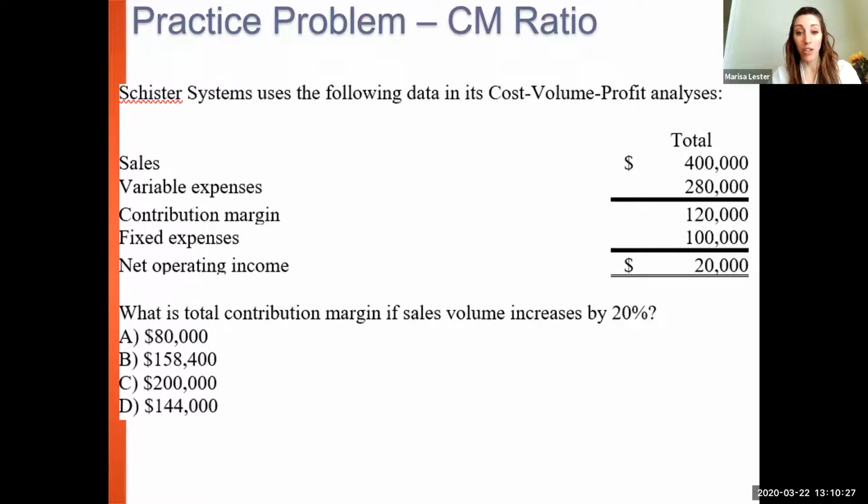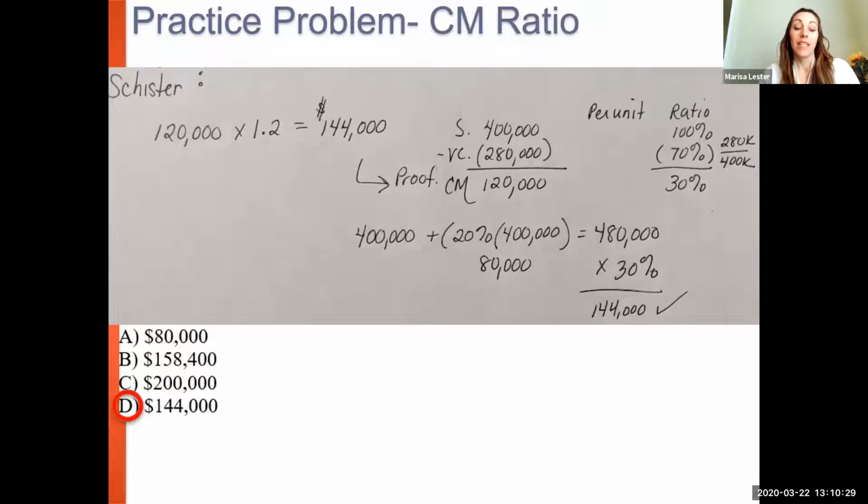But what I can do is use ratios. So when you see a contribution margin income statement, you usually see the totals, right? Total sales revenue minus variable expenses gives you contribution margin, minus fixed expenses gives you NOI. Then you have your per unit column, right? Here's my sales price minus my variable cost per unit gives me CM per unit.